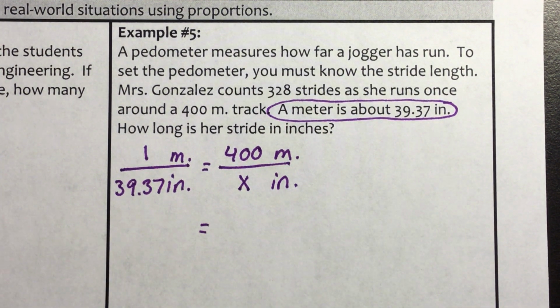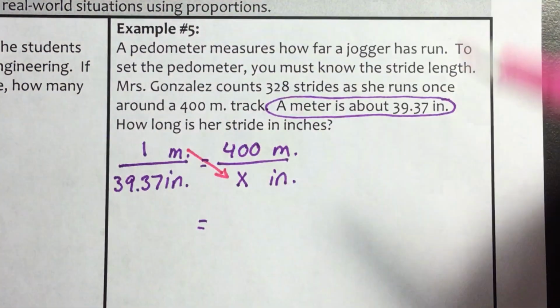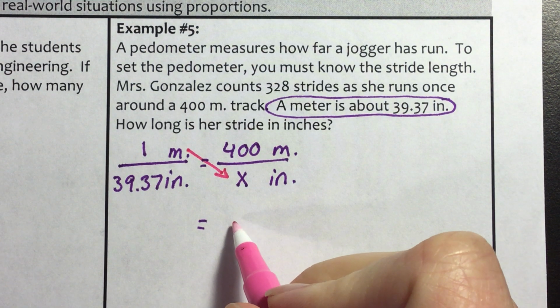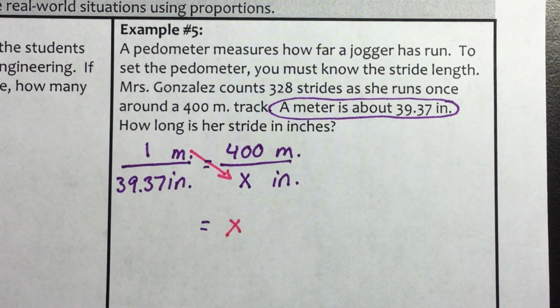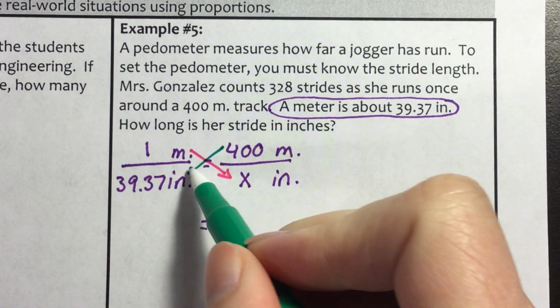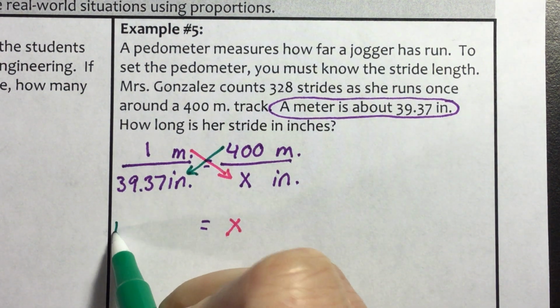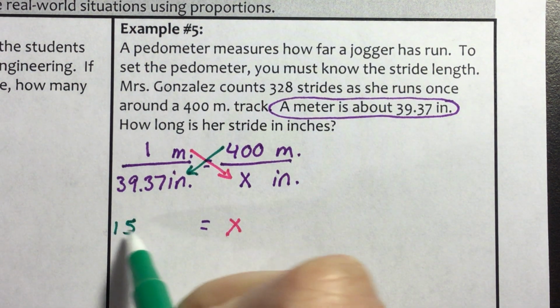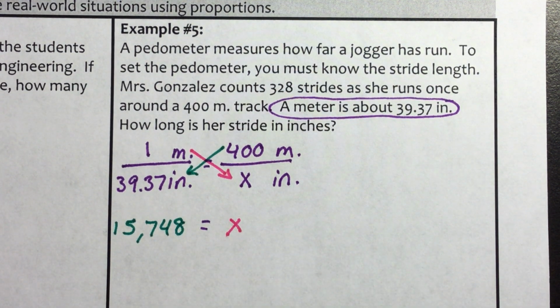We're going to cross multiply, so top left down to bottom right. 1 times x is 1x, which is the same thing as just x. And top right times bottom left, 400 times 39.37 is 15,748.